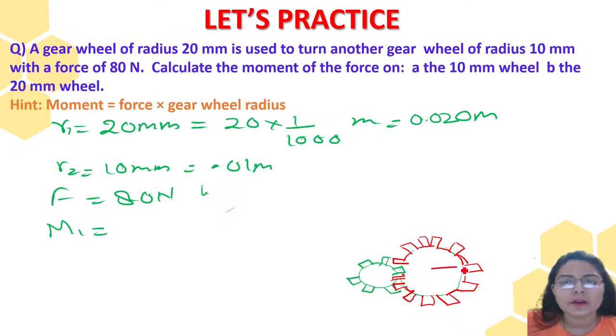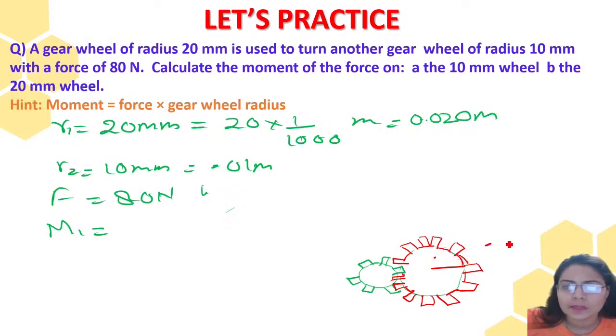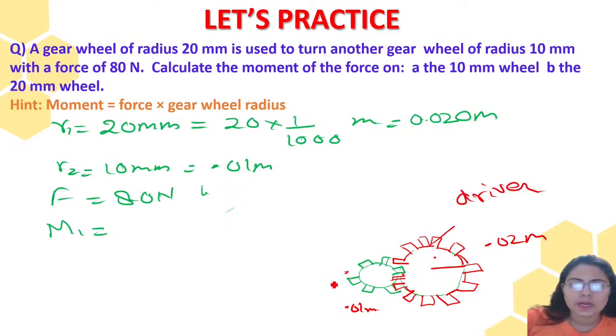This is having a radius of 0.02 meter, I'm marking here 0.02 meter, and this is having a radius of 0.01 meter. Both are hinged together. This is the driver wheel, and this is the driven one. You can say follower also.